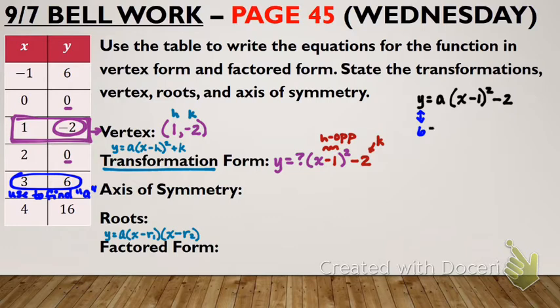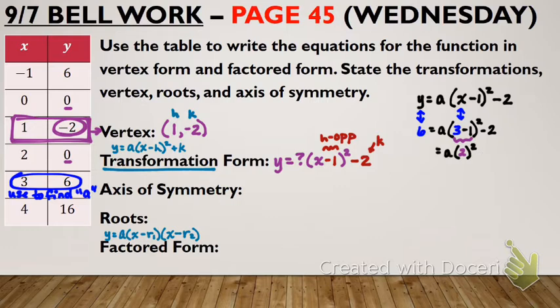So I have 6 equals a, and then what are we putting in the place of the x? 3. (3 - 1) squared - 2. Order of operations says parentheses first, right? Can I actually simplify inside those parentheses? Do you know what 3 minus 1 would give you? 2. So inside my parentheses, I have a 2.